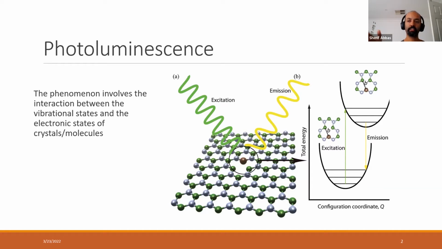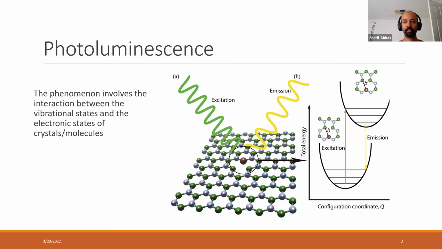Or a boron is replaced by some other atom in your boron nitride. And these defects are involved in very interesting physics, in which the absorbed light turns into emitted light.